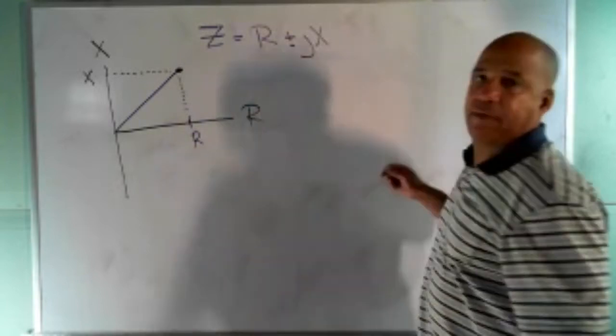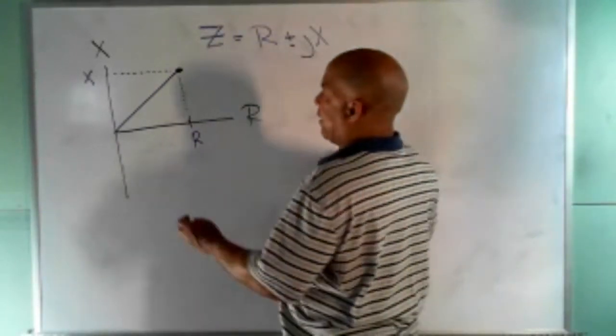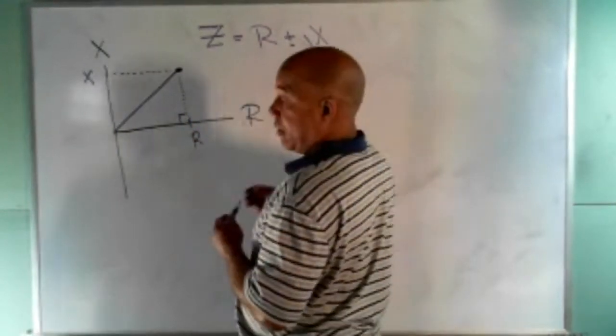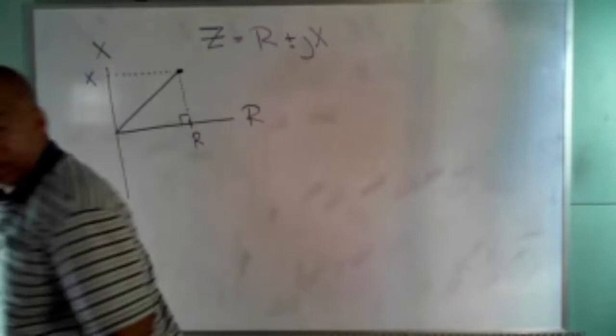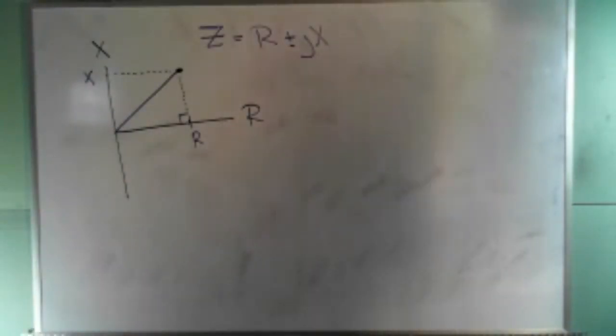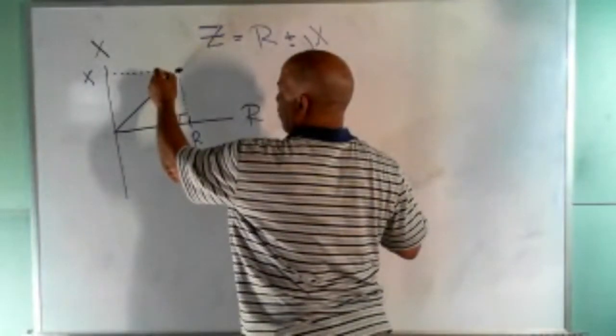We've seen that from other calculations, no surprise there. But notice what I get here is a right triangle. That's a right angle. So what I really have is a right triangle that I can get from the impedance diagram, like this triangle right here.